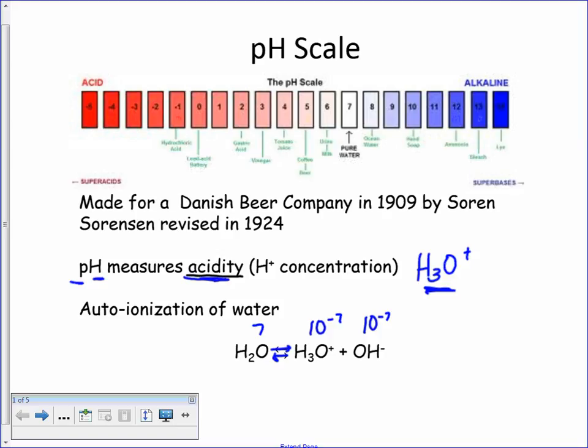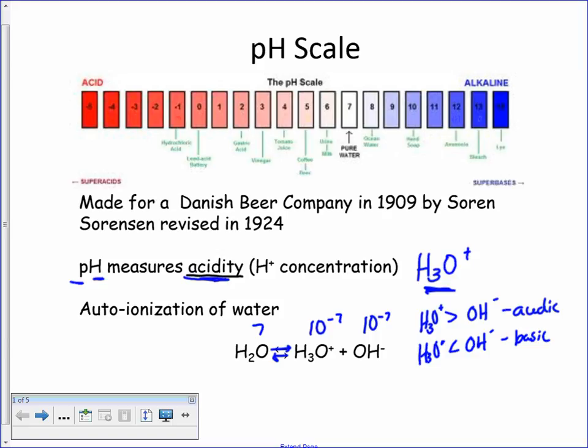So you can determine just by looking at the concentration of an ion whether it's going to be acidic, basic, or neutral without even calculating any pHs. Because we know that if we have a hydronium concentration that's greater than a hydroxide concentration, then that means that solution is going to be acidic. If we have a hydronium ion concentration that is less than a hydroxide ion concentration, we would know that solution is basic.